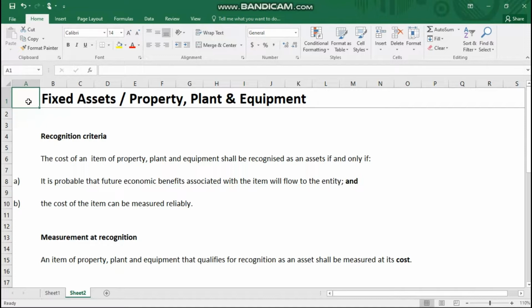So property, plant, and equipment will play a major role in the operations of the business. In the financial statements we can say that in manufacturing businesses, property, plant, and equipment is the major component on the balance sheet of such businesses.